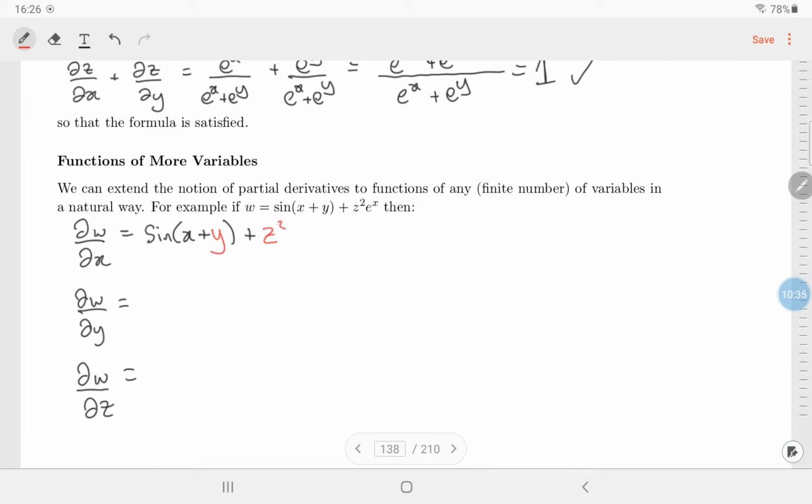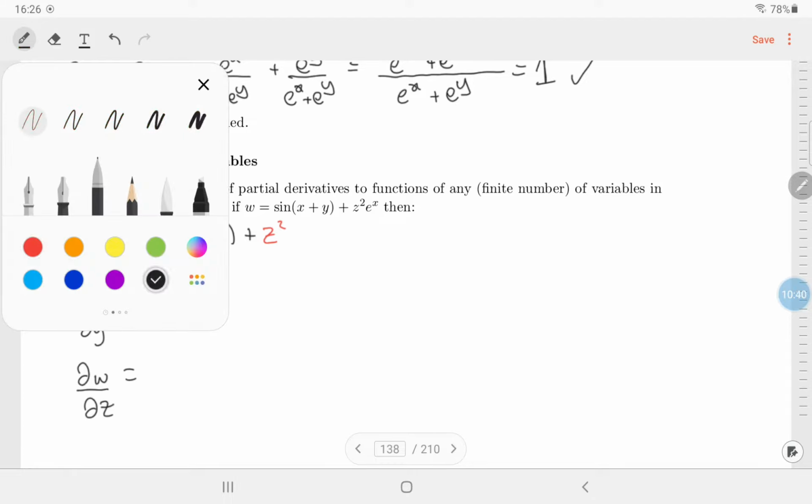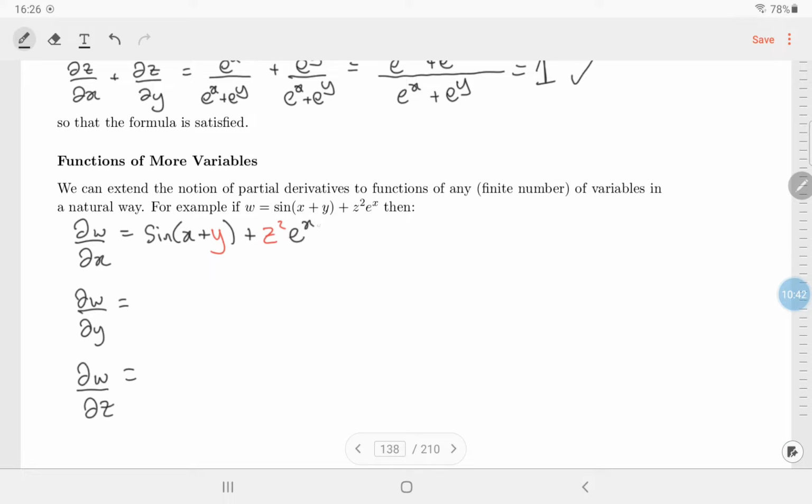Now I've actually missed out on something that I really should have done here. What I'm missing is that I should be saying that I'm differentiating this. So what I'm trying to say is the derivative of w with respect to x is equal to the derivative with respect to x of this.